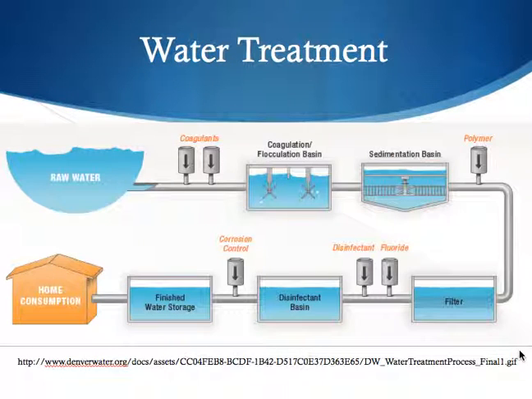Okay, let's talk real briefly about water treatment and then we will wrap it up. Water treatment is much more simple compared to wastewater. Basically, you've got a settling tank that is going to settle out a lot of the material coming in. The raw water has a lot of sediments in it. That process, before it gets to the sediment tank, is going to be sped up by adding alum.